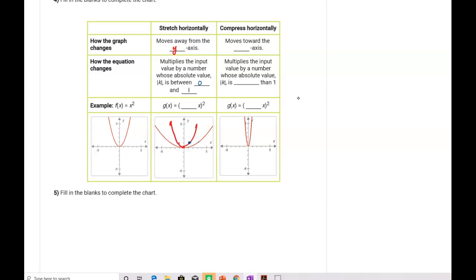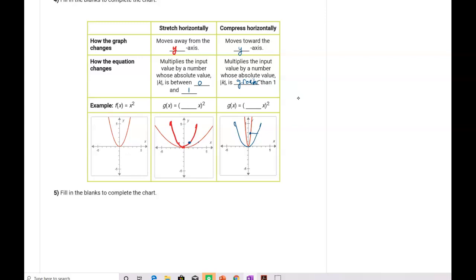When you compress horizontally, that means you're moving towards the y-axis, meaning every point from the parent function is getting closer to the y-axis after the transformation. So you know that if it gets more narrow, the value of k is greater than 1.